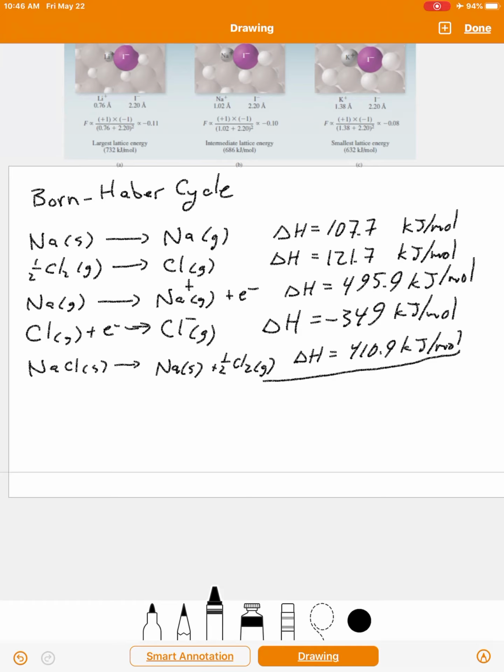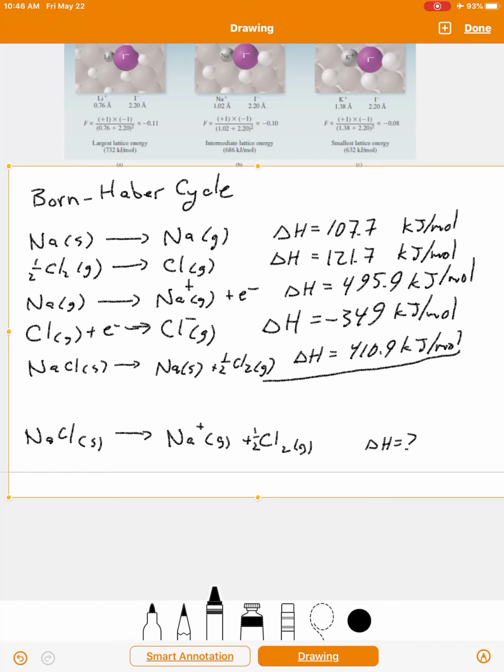The lattice energy is the amount of energy it takes to go from the compound, so for example this, to convert it into the ions. Okay, it's the energy associated with that. So the question is, how do you measure that? You can't really measure that very easily.